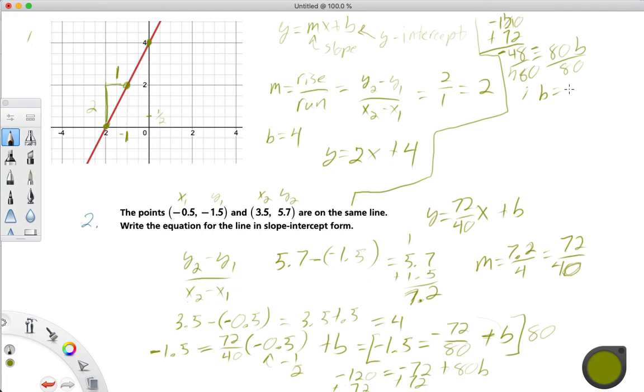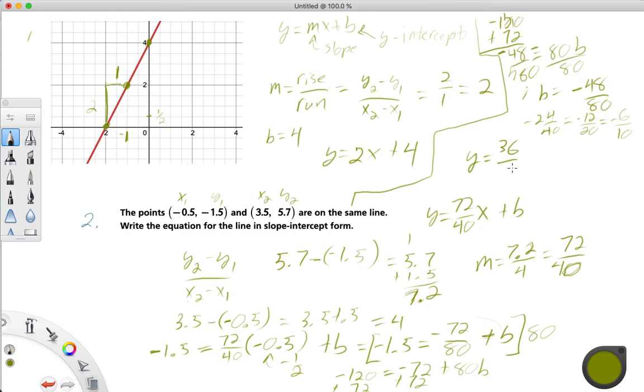B would equal negative 48 over 80, which we could reduce to negative 24 over 40, which is negative 12 over 20, which is negative 6 over 10. That's as simple as we're going to get with that one. So I'm also going to reduce that fraction, though you don't have to. It'll come out the same when you graph it anyway.